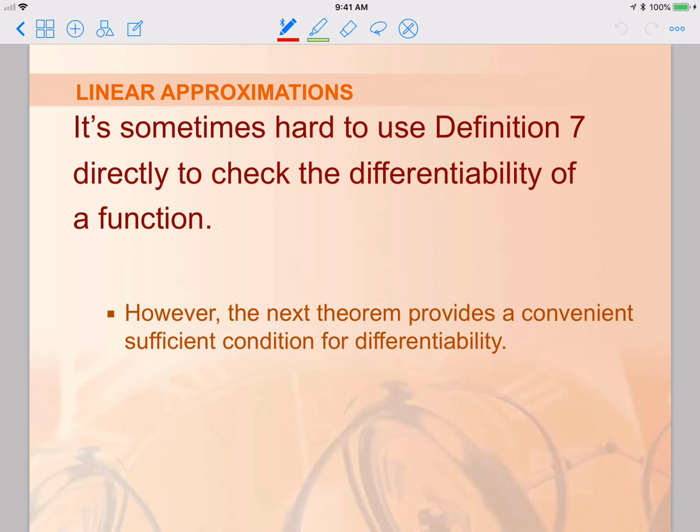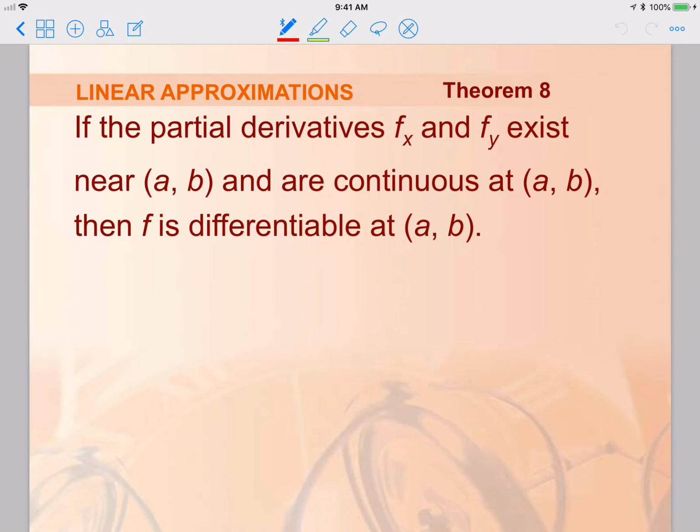So again, sometimes it's difficult to use that definition because it involves epsilons, epsilon 1 and epsilon 2. So one easy way to check for differentiability, and the way that we'll be doing it, is to just look to see if our partials are continuous at the point.